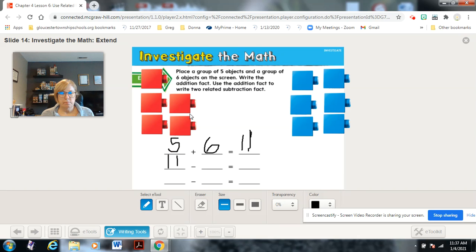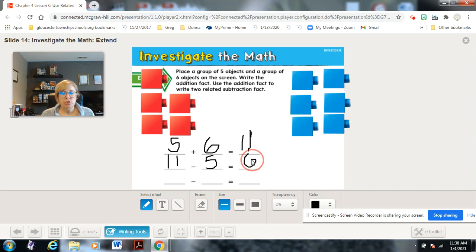I'm going to start with the 5, which is the red. And I know that since it's a family and related, I'm not even going to count. I use the 11, I use the 5. My answer, the difference, is 6.